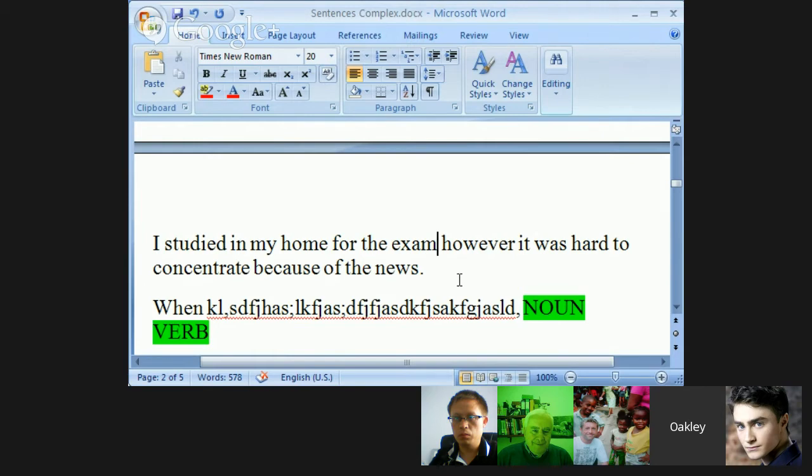I forgot the name of it. A semicolon? Yeah, semicolon. And after "however," a comma. Aha. Oh, interesting. All right.